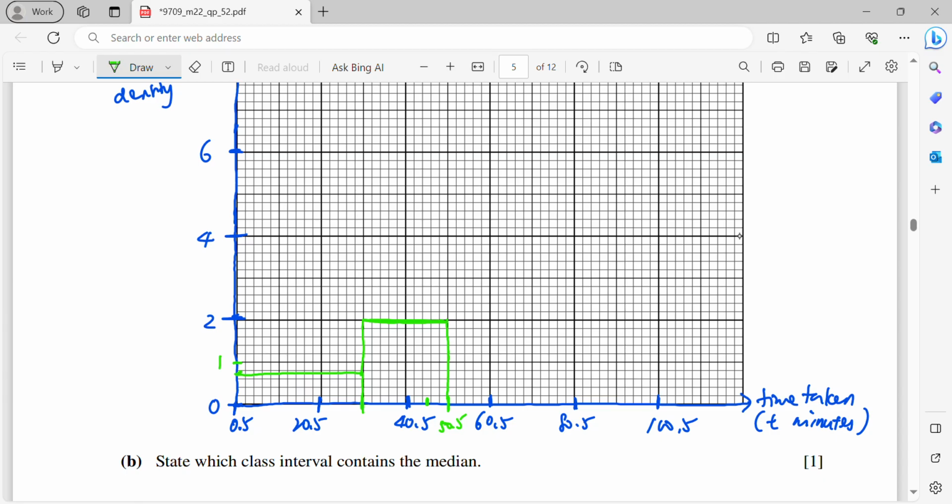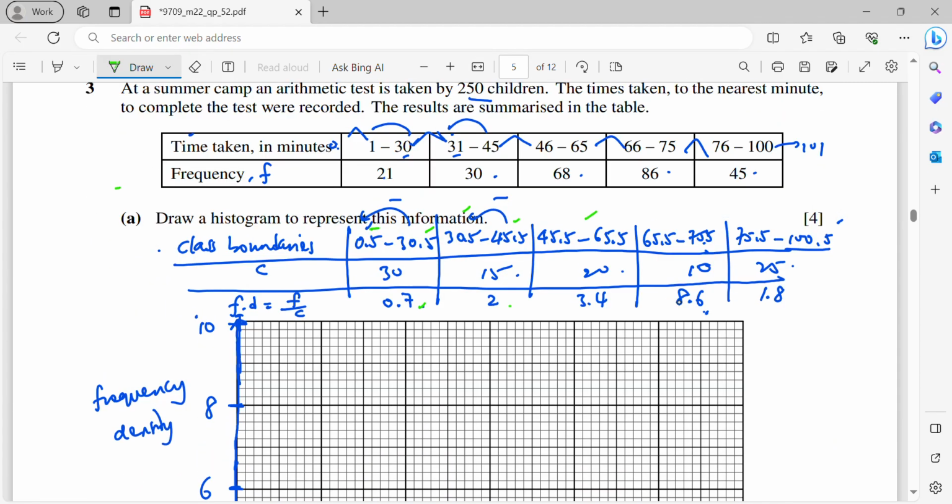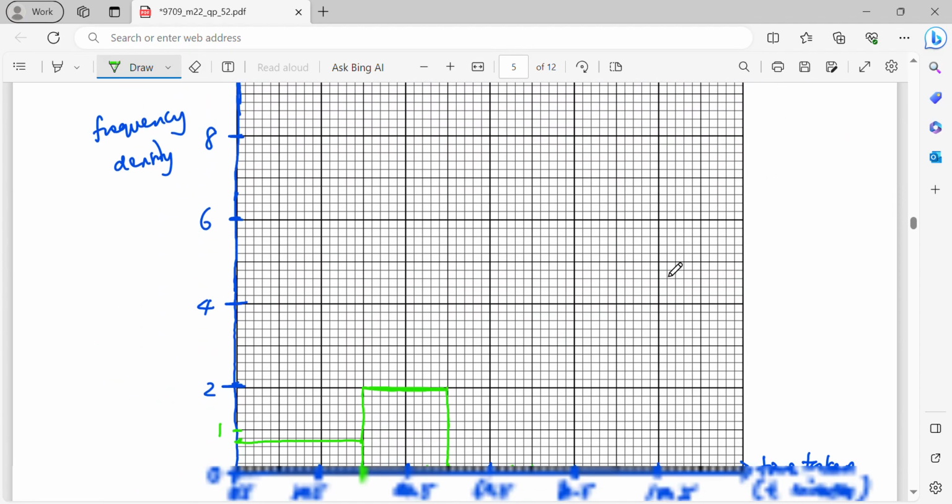Here is 70.5, so 65.5 is in the middle, and the height is 3.4. 3.4 is here. Please draw a straight line because I don't have the ruler here.